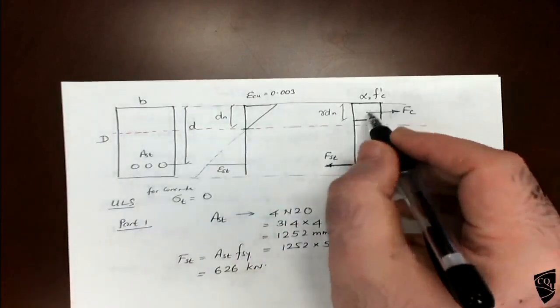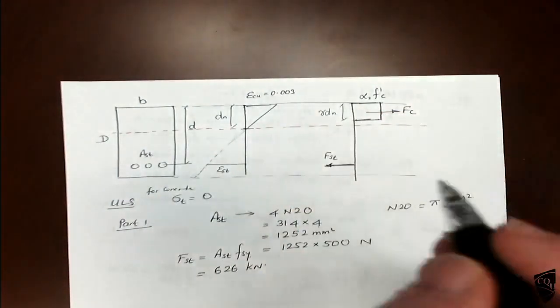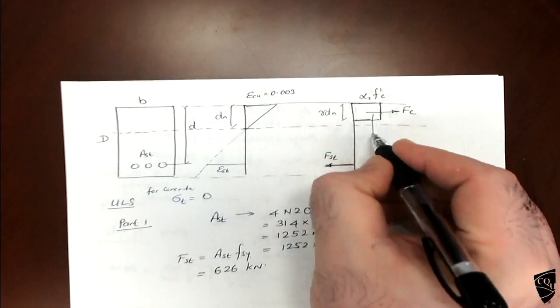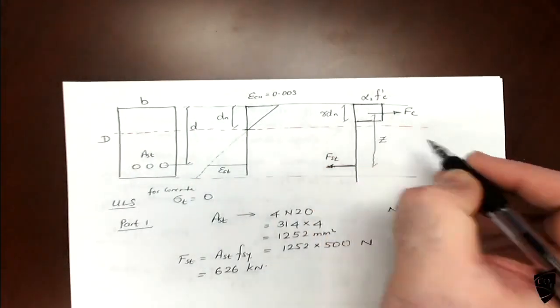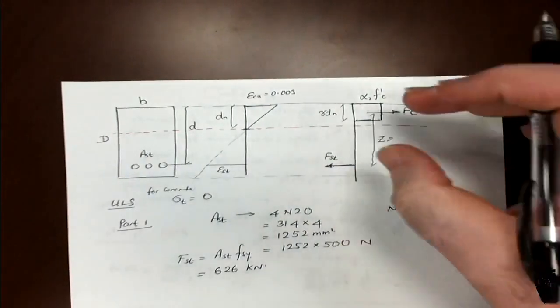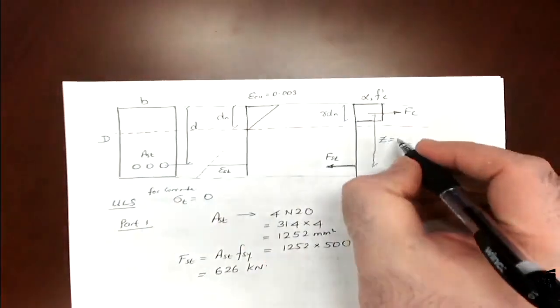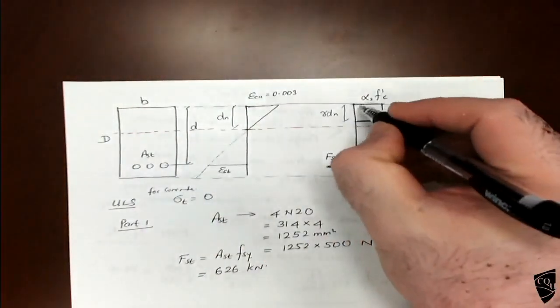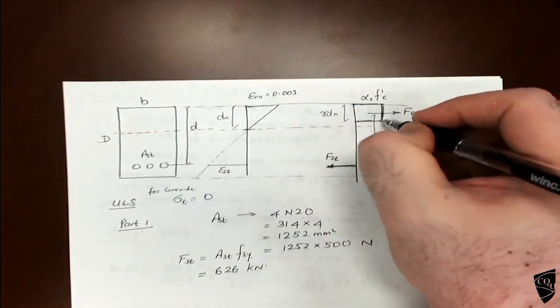So I need to find out, because the gamma dn is unknown. If you want to find out the moment, this is Z. So Z is equal to, from here to there, that is small d. So d minus, from here to there, gamma dn.